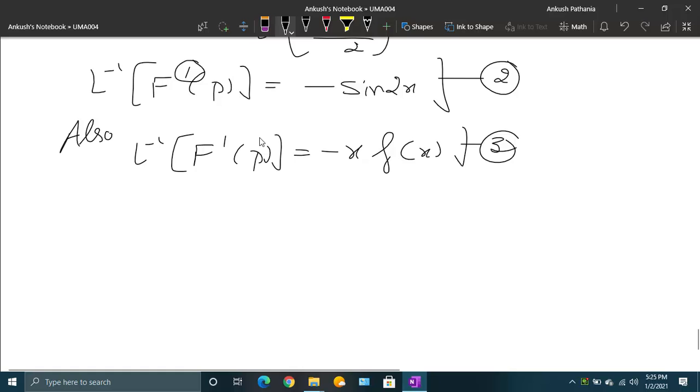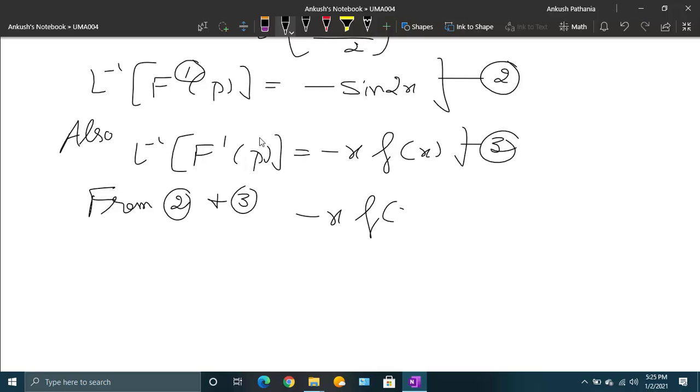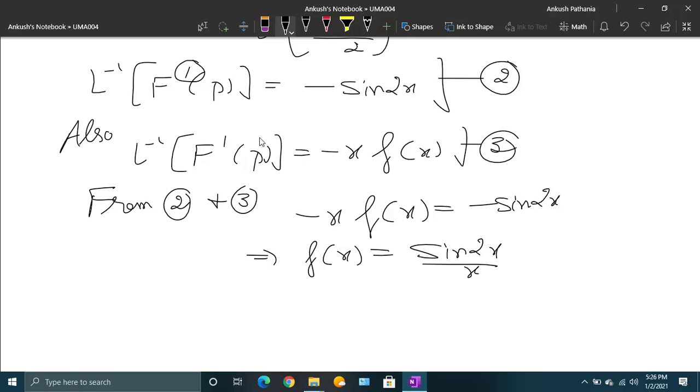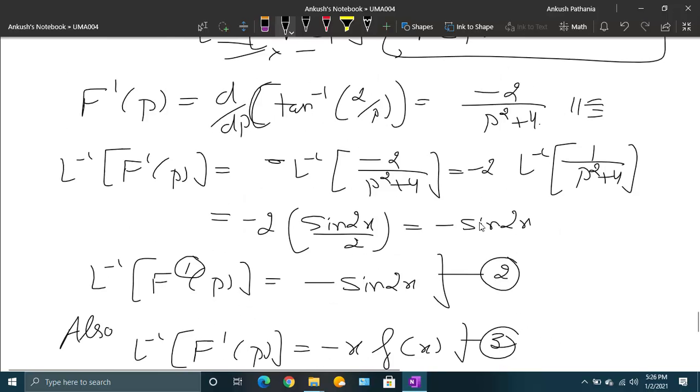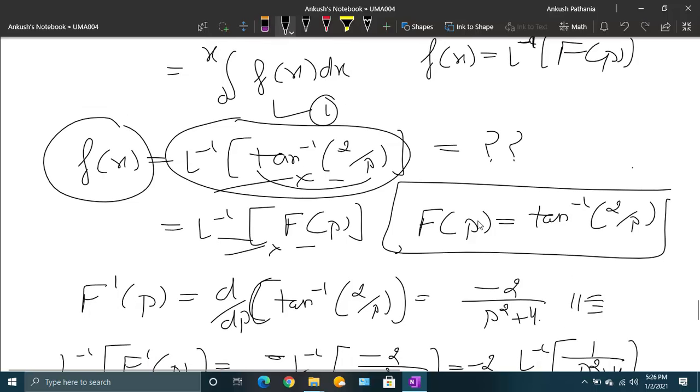So now from 2 and 3, I got minus x fx is equal to minus sine 2x. So this implies fx is equal to sine 2x upon x. This is the fx that we need for this Laplace inverse of tan inverse 2 upon p.